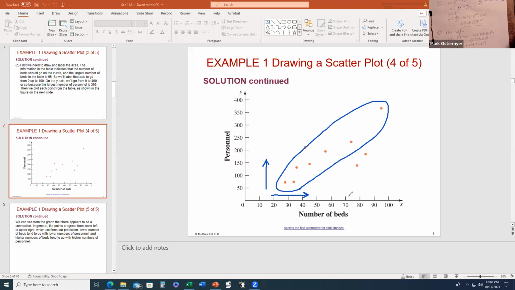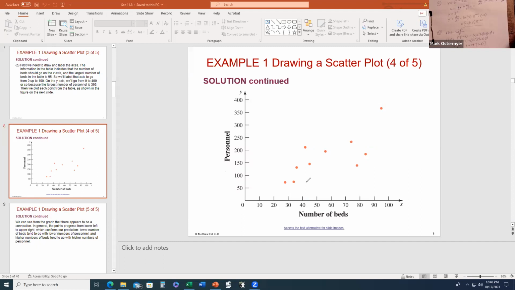Okay. Now, is it a strong direct correlation? How can we tell? Well, it's a strong correlation if all these points lie on a line. It does not appear that all these points lie on a straight line.